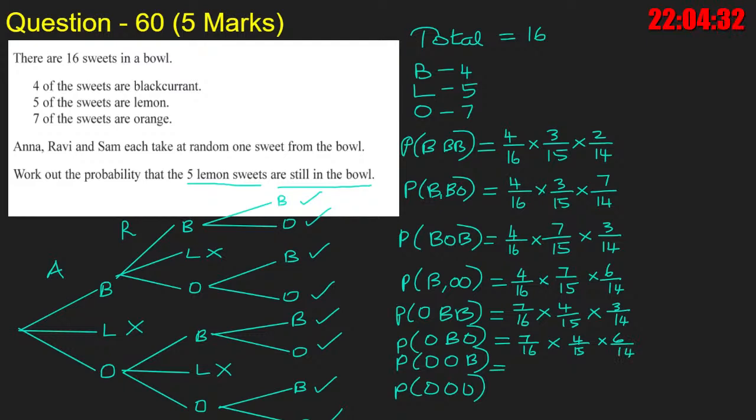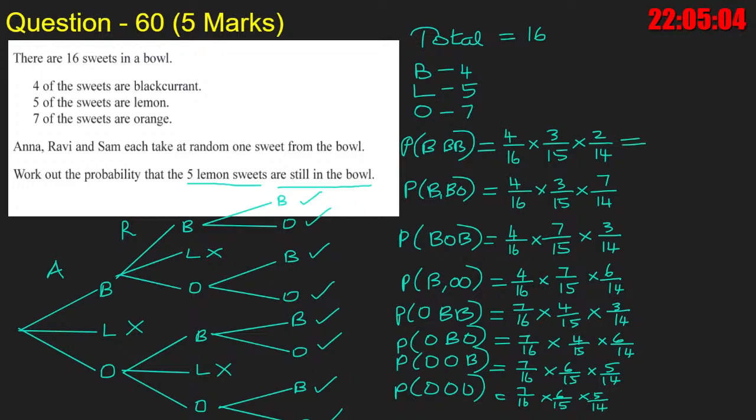Then the next one, OOB, so 7 over 16 and 6 over 15 and 5 over 14. And the last one, OOO, is going to be 7 over 16 and 6 over 15 and 5 over 14.